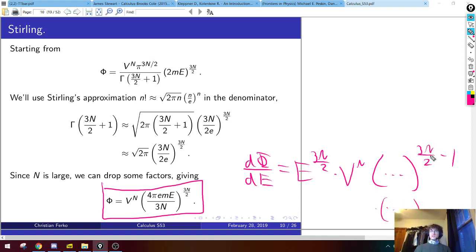But again, since n is very large, 3n over 2 minus 1 is effectively the same as 3n over 2. So I'm just going to drop that factor of 1 when we take the derivative. So all the derivative is going to do is pull down a factor of 3n over 2, and then some junk from the inside.